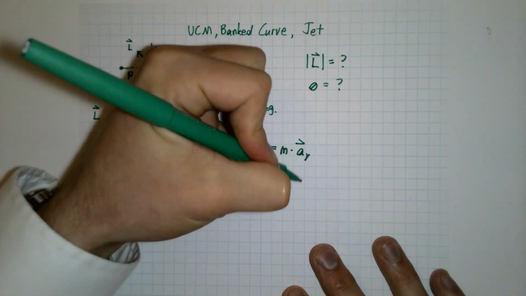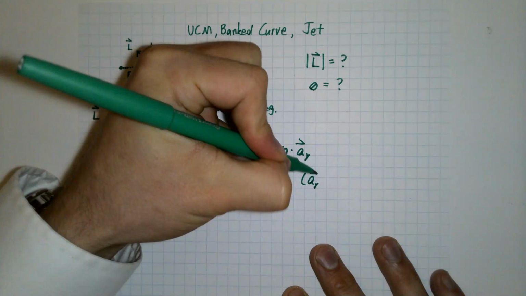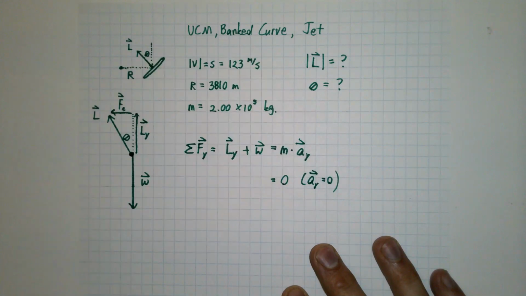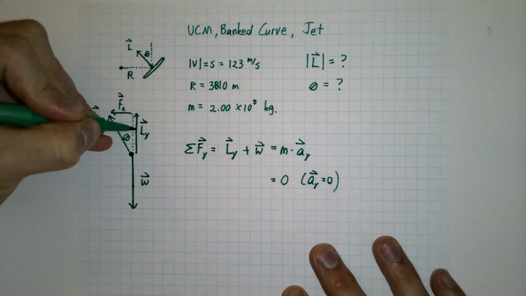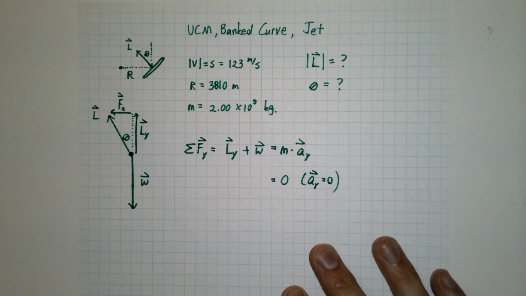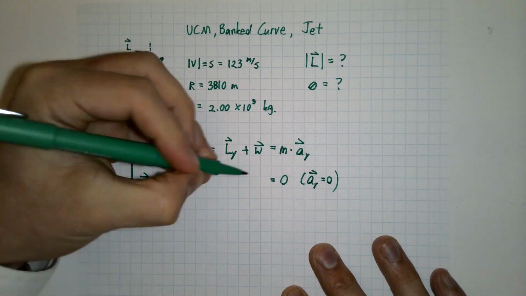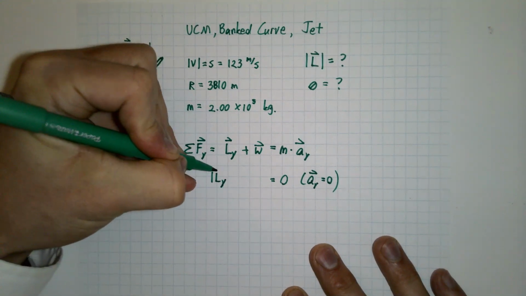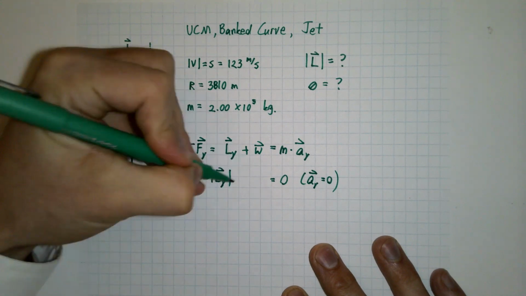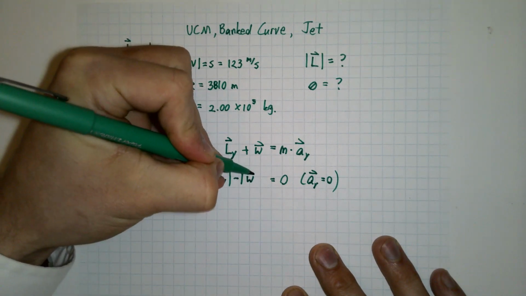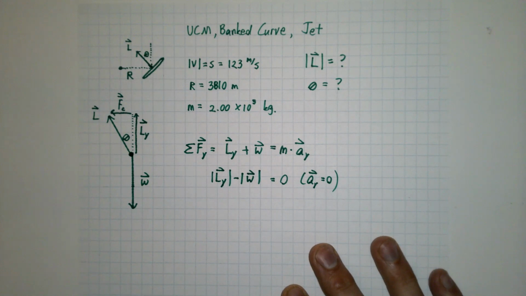The acceleration must be 0 because our acceleration in the y dimension is 0. The force in the y dimension, or the y component of the lift force, is pointed upwards, or positive. So the magnitude of the lift is positive. The weight is in the opposite direction, so we'll say minus the magnitude of the weight.